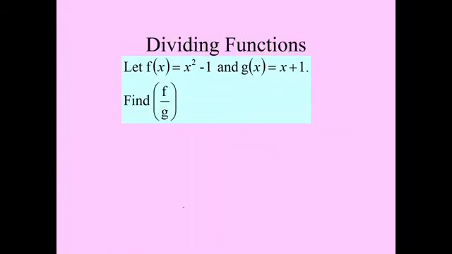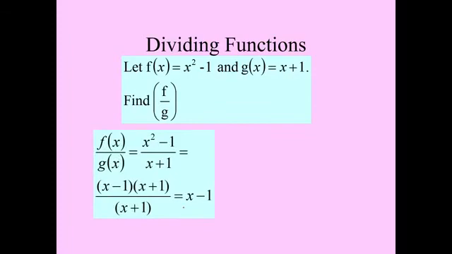There you go. Now let's have dividing functions. It's so simple. If you want to divide f of x, like x squared minus 1 all over x plus 1, if your numerator or denominator are factorable, you need to factor it out. For example, this is factorable. So I factored it as x minus 1 and x plus 1. Remember difference of two squares? So this is how you factor it. Then you will be canceling the x plus 1. You are left with this.